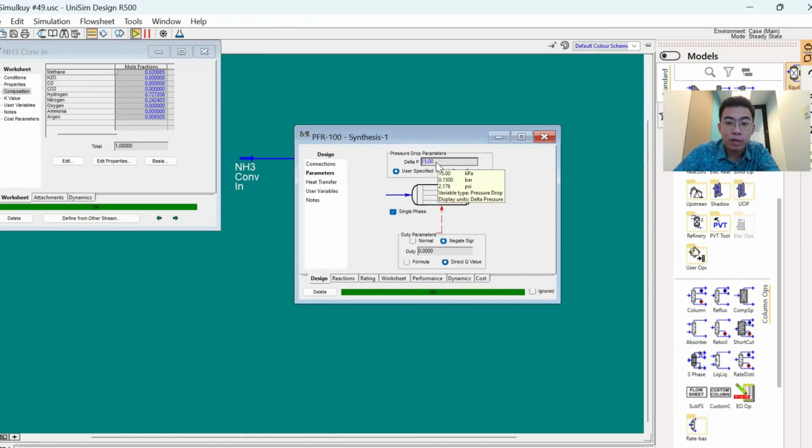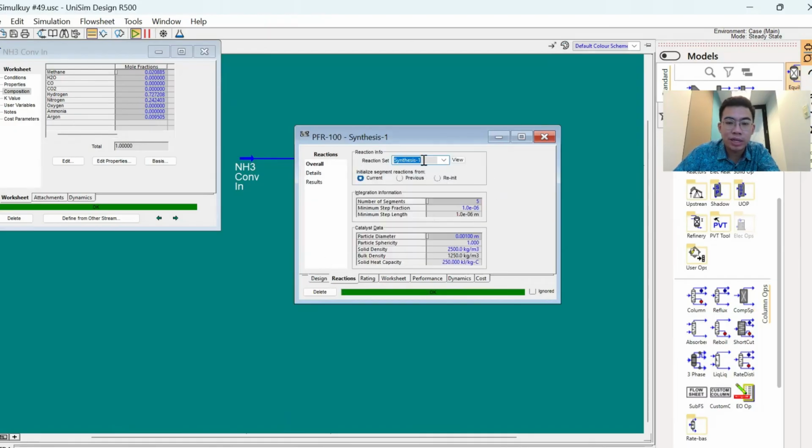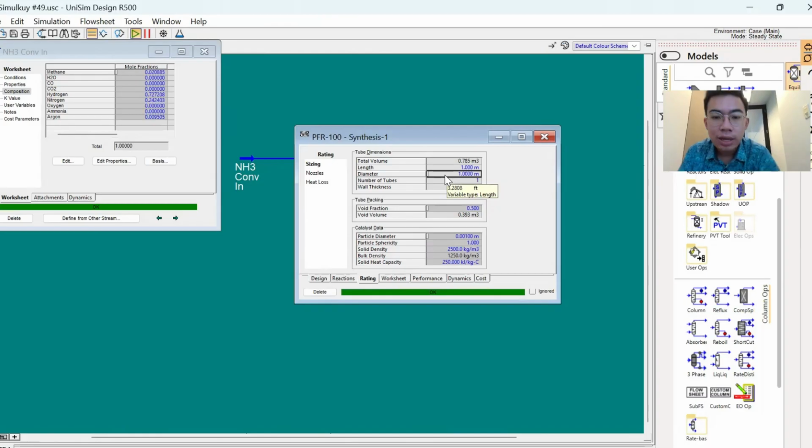I put the delta P of 15 kPa, and for the reaction set I use synthesis one. Number of segments is 5, which I leave as default. For the catalyst data, the void fraction is 0.5. Length, diameter, number of tubes, and wall thickness are as displayed. So this is the starting point.